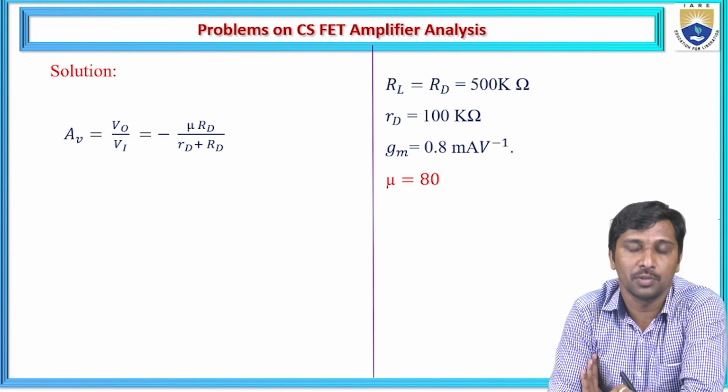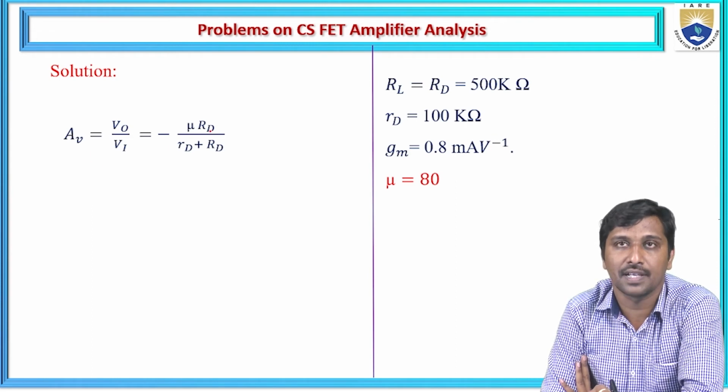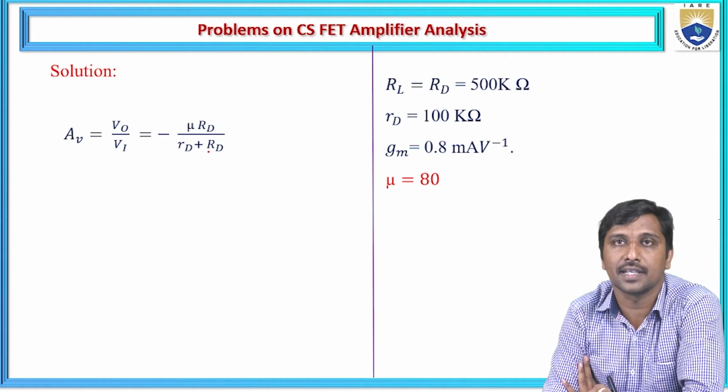We know that the voltage gain is minus mu times capital RD divided by small rd plus capital RD.